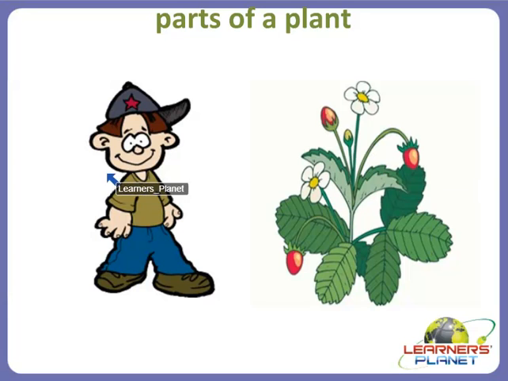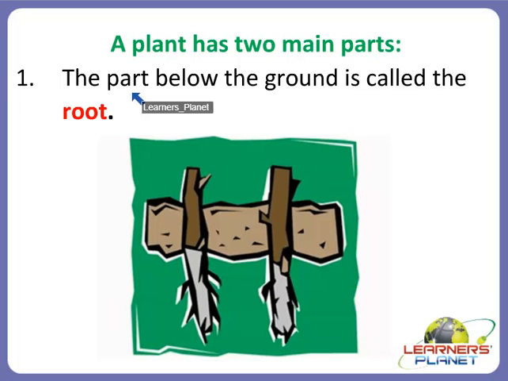So children, just as you have eyes, nose, ears and other body parts, a plant also has many parts. So children, we can say that a plant has two main parts. The part below the ground is called the root.